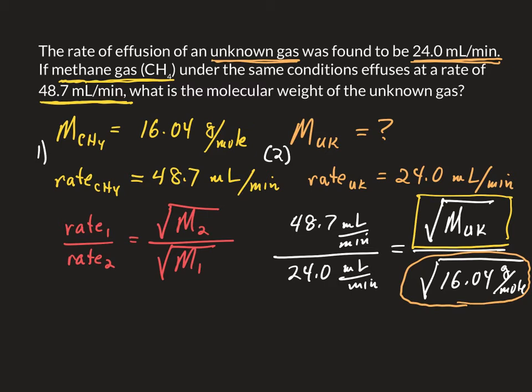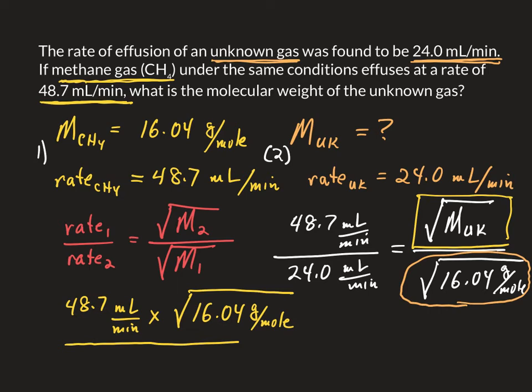And so we would get 48.7 milliliters per minute times the square root of 16.04 grams per mole, divided by 24.0 milliliters per minute, and that's going to equal the square root of the molar mass of our unknown gas.